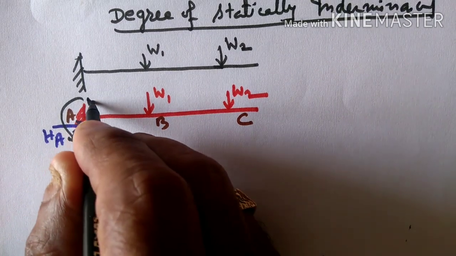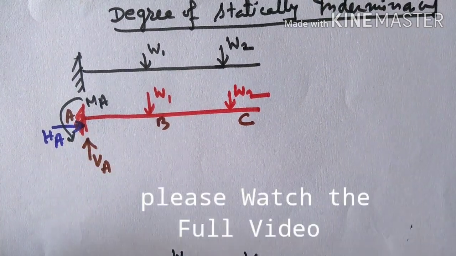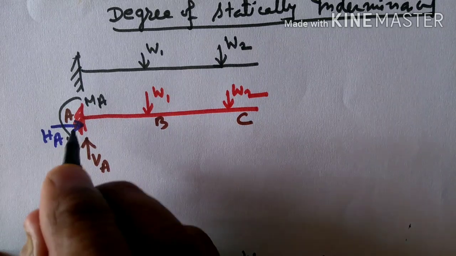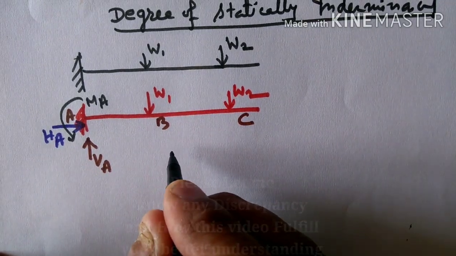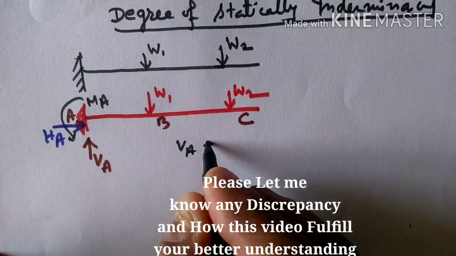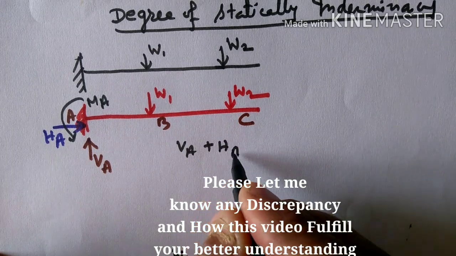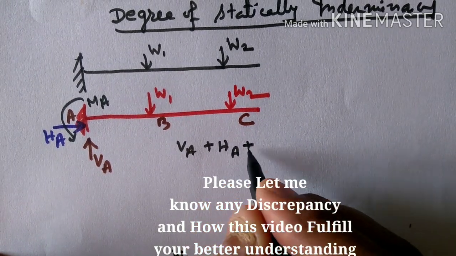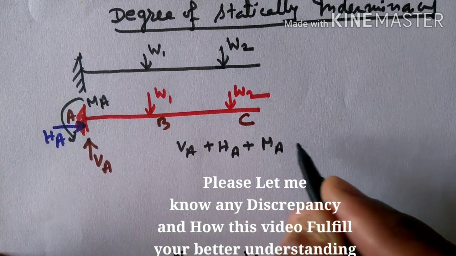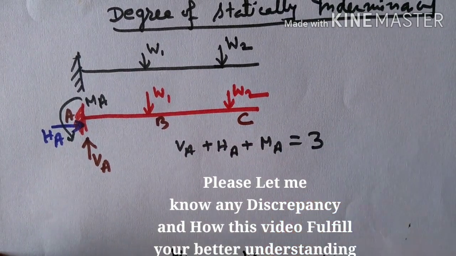This is MA. So what is the total reactions? VA plus HA horizontal reaction plus MA moment, total 3.